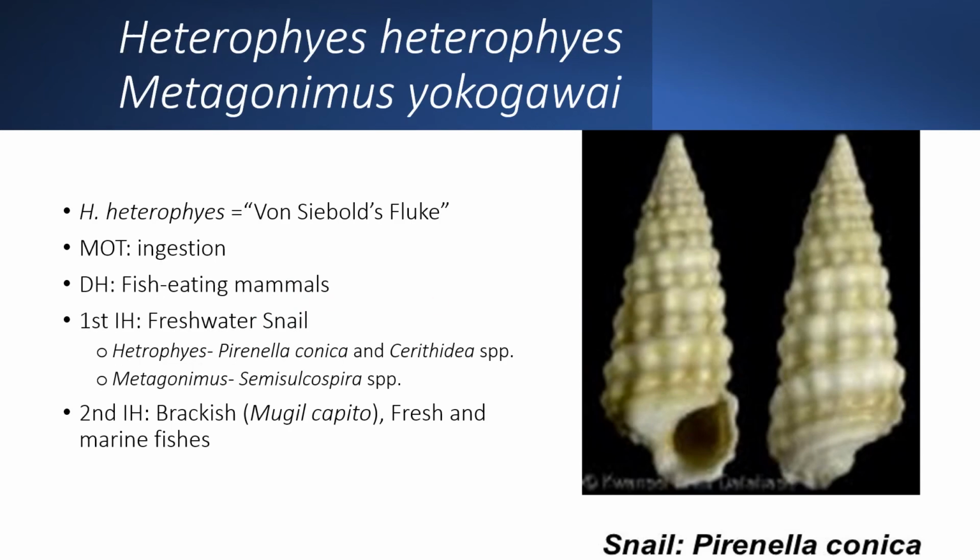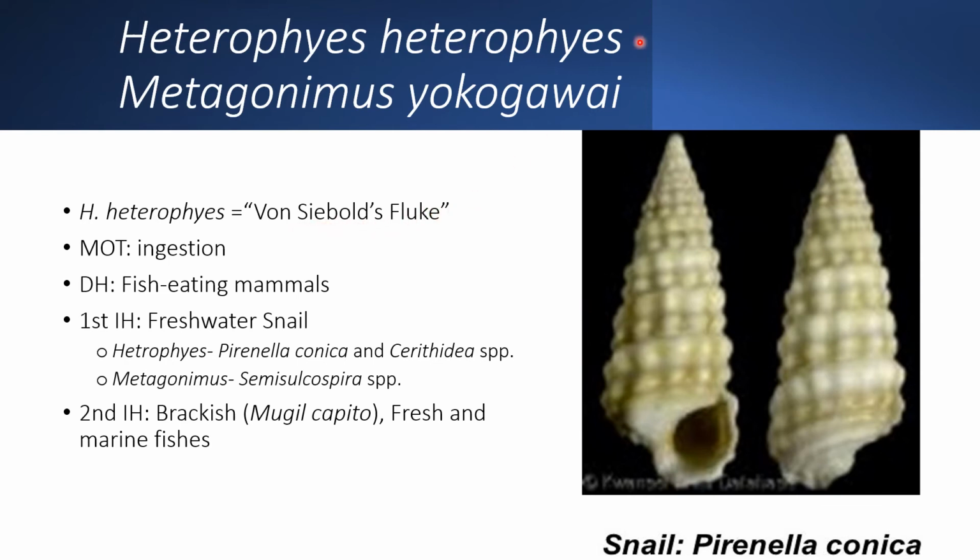For Heterophyes and Metagonimus yokogawai, or the heterophyid flukes, these two flukes occur in Japan, Korea, China, the Philippines, and Western India. Heterophyes, otherwise known as von Siebold's fluke, is considered the smallest but the deadliest fluke.